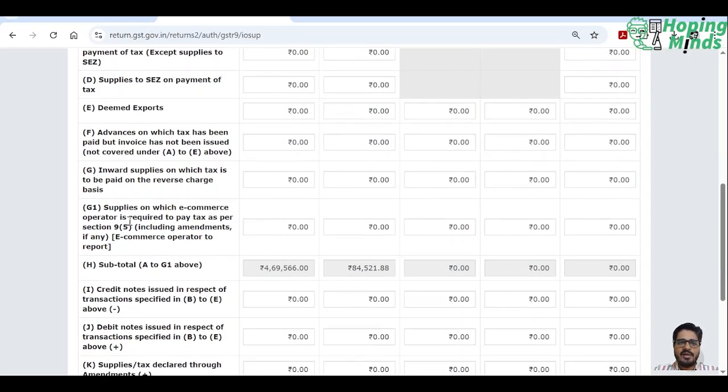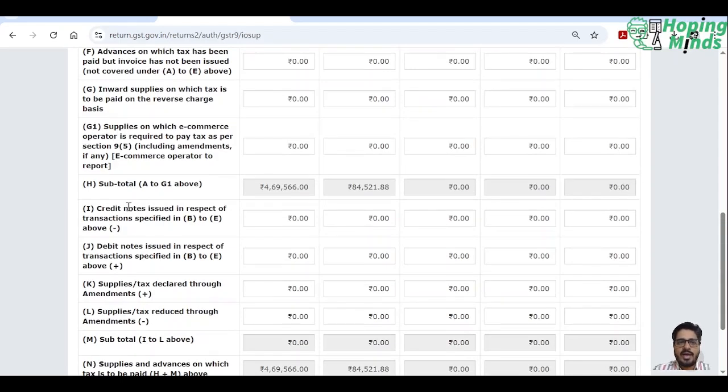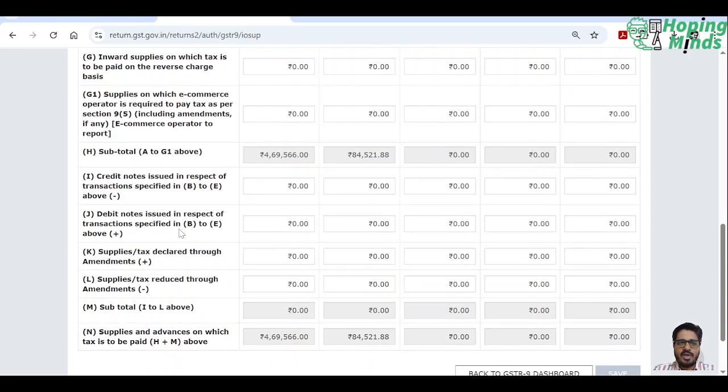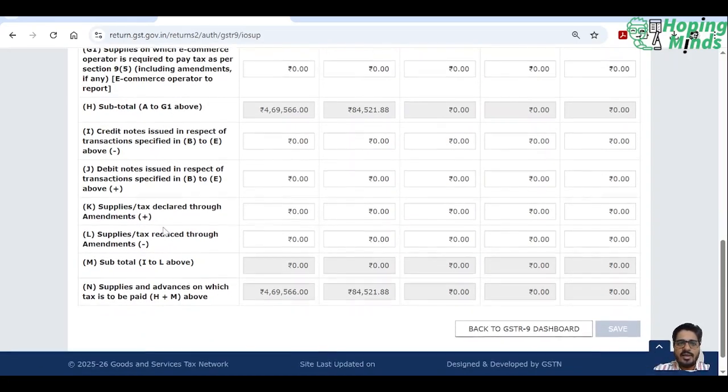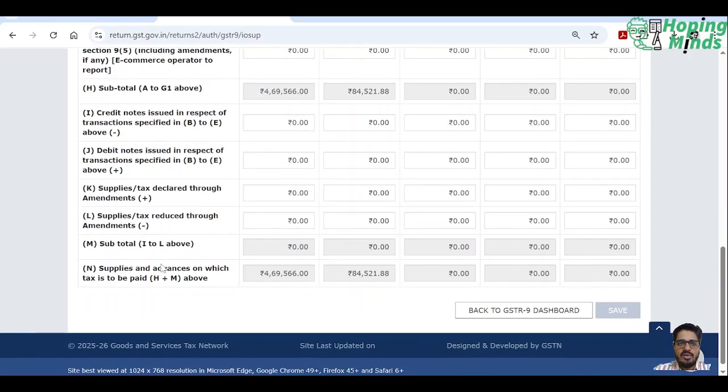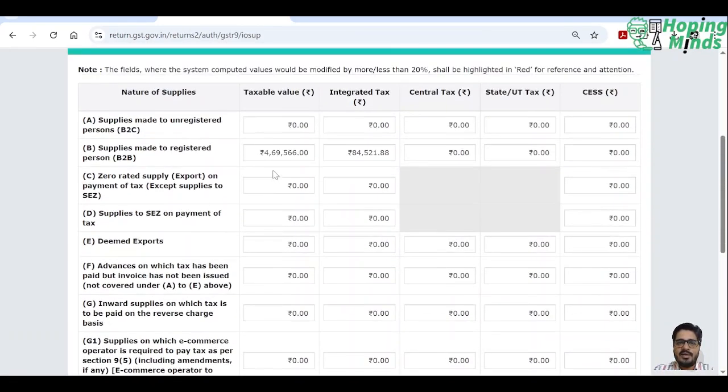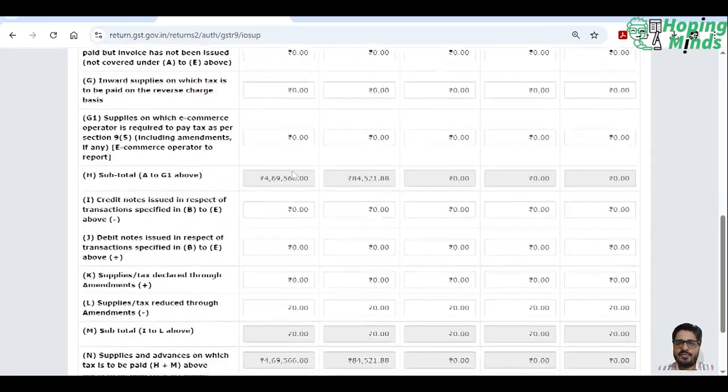There are multiple disclosure requirements that are required to be made in this table. Credit notes in respect of transactions specified in B to E above, then debit notes, and so on. So finally, since we have only one data that was required from our end, we have filled up this data.